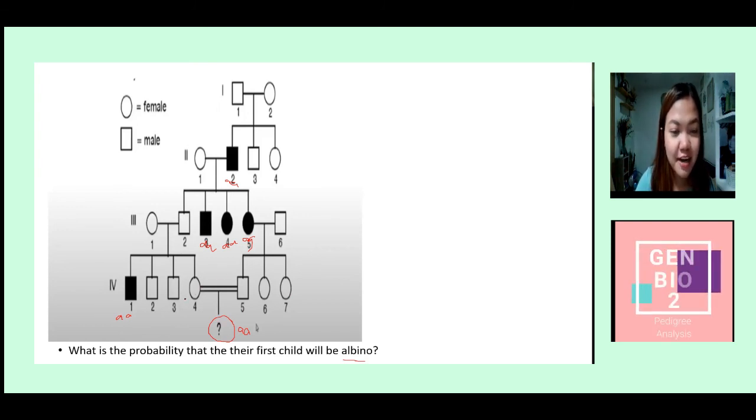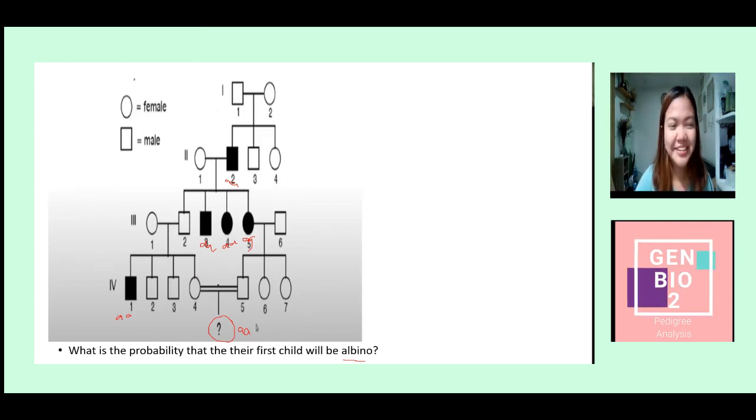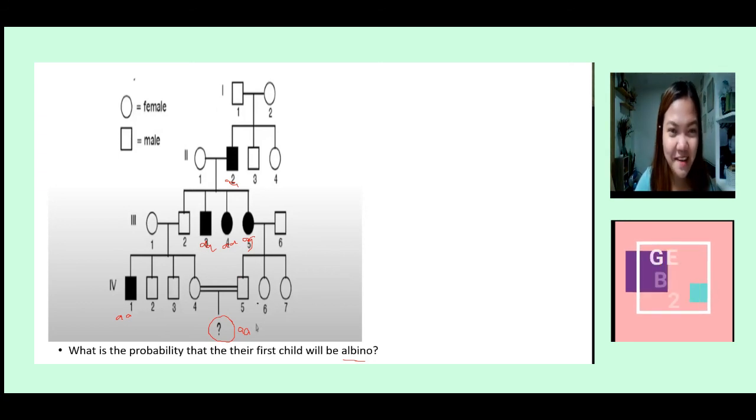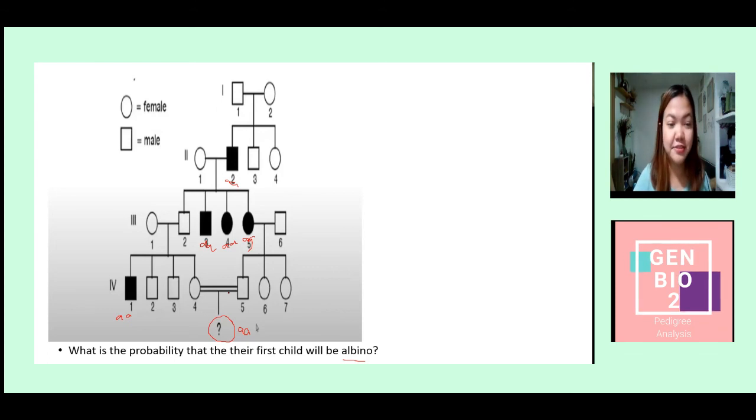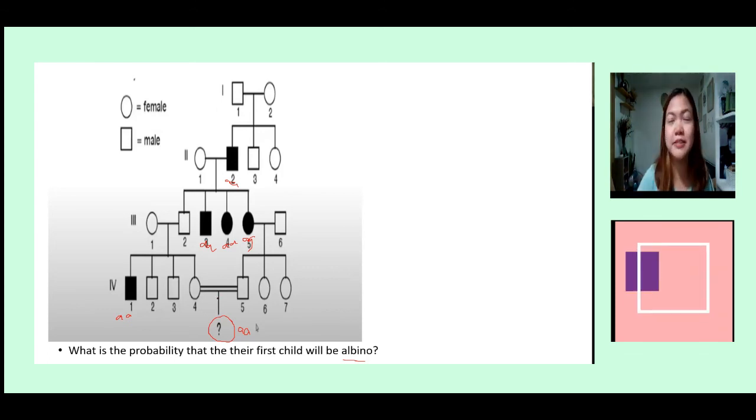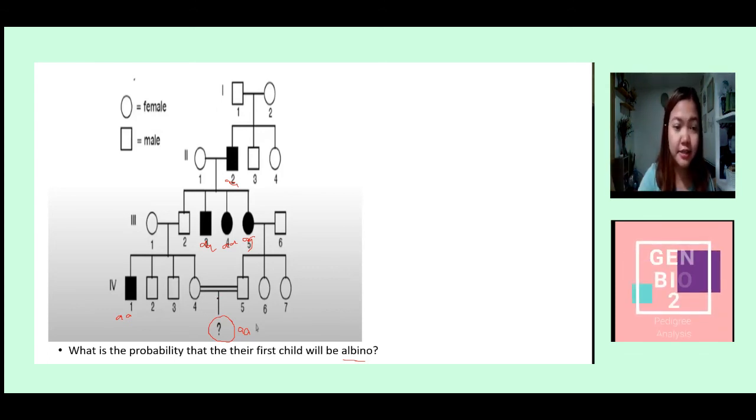Now, let's try to find out ang genotype ng 4 and 5 parents. So, the genotype of 4 and 5 should be, katulad ng sinabi kanina, if the offspring is affected and the parents are unaffected, the only possible genotype na parents nila should be hetero.